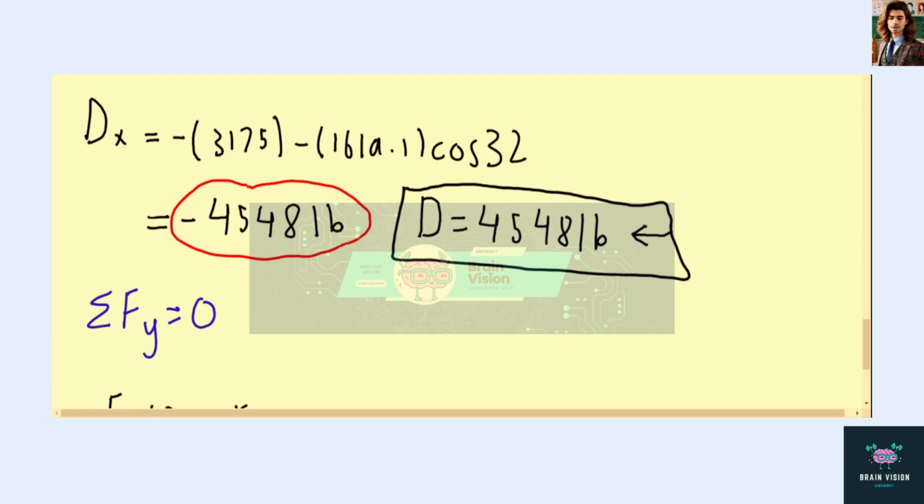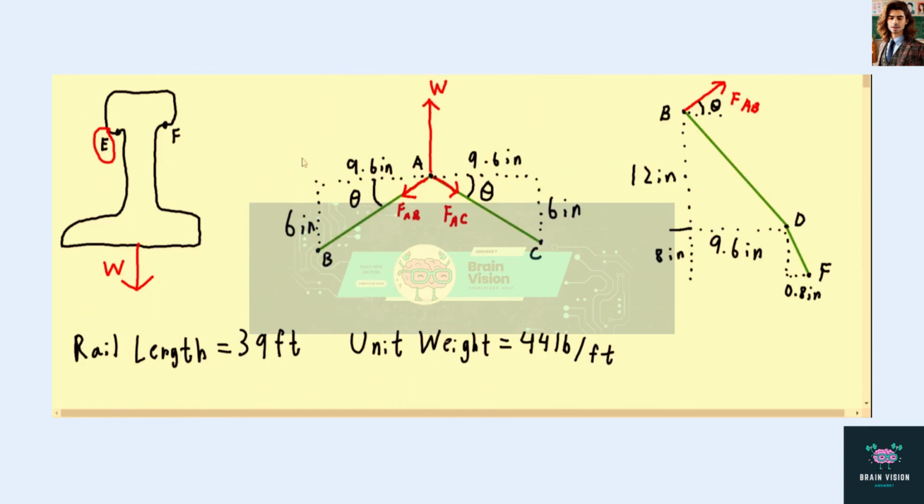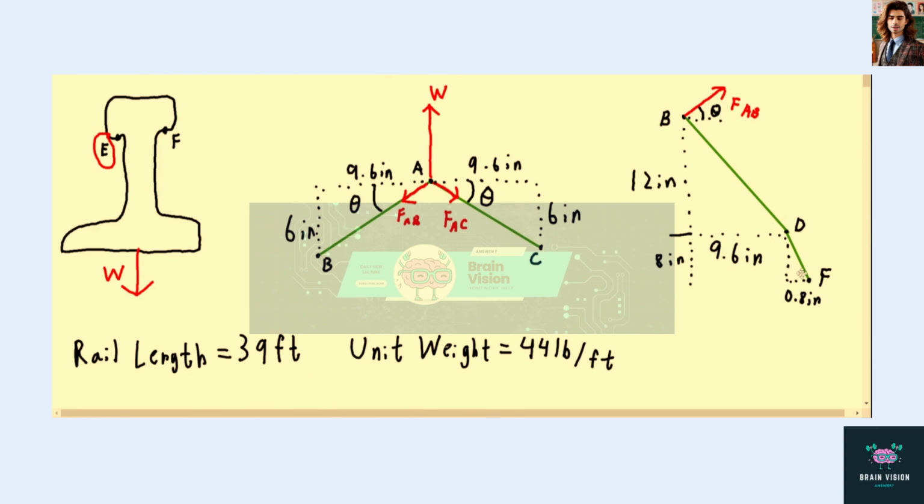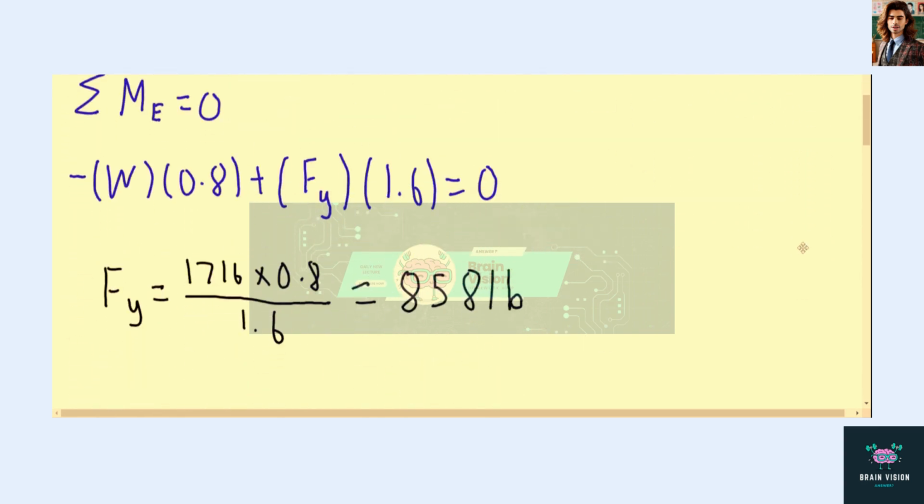Now we solve for the force at the point F. At the point F, we've already calculated the x component and also the y component of the force. So we can find the magnitude of the force and use trigonometry to find the direction of that force.